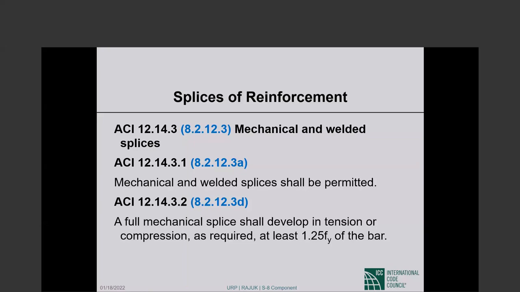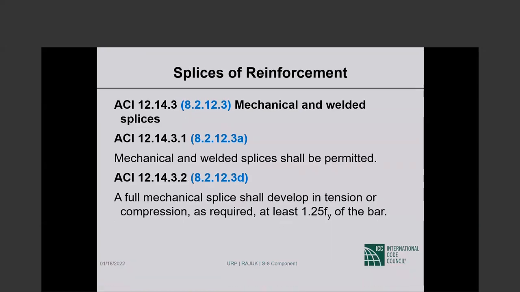It typically will not have only peripheral reinforcement. There may be interior reinforcement. How would you get in there to install the mechanical splices? So there are limitations. It is an attractive solution provided you can afford it, and provided you have access to the bars on which mechanical splices are to be installed. Okay? So anyway, full mechanical splice develops 125% of the yield strength of the bar.